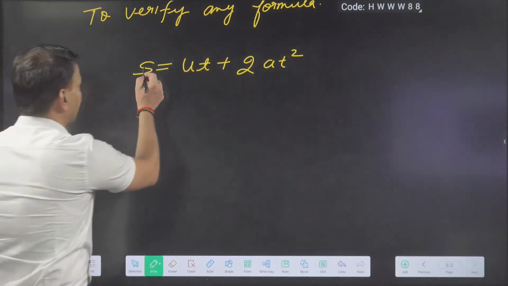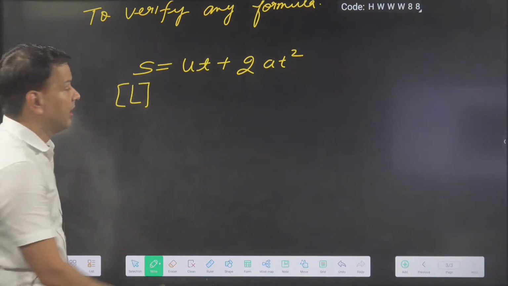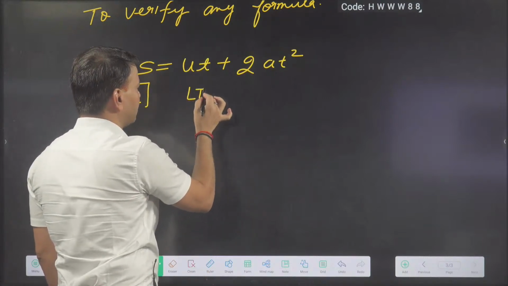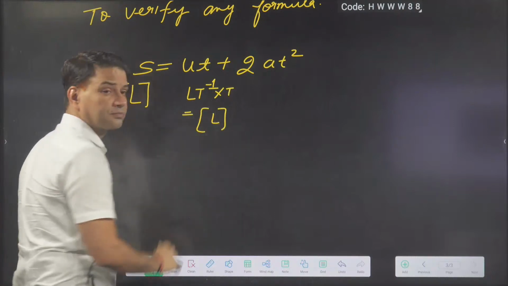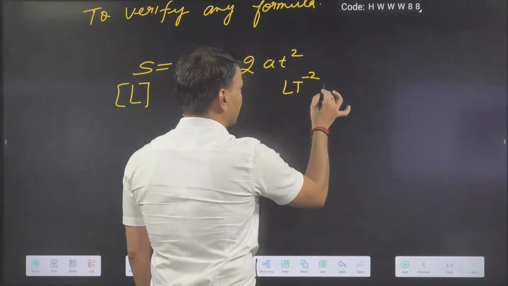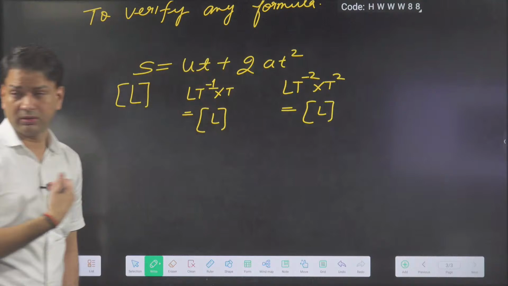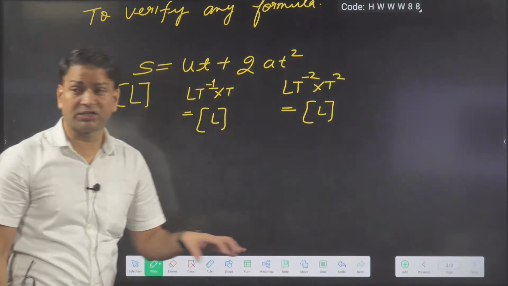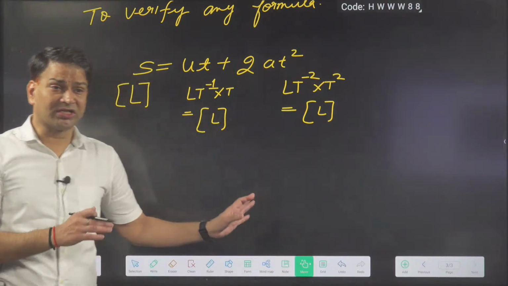Here, what is the dimension of s? L. Ut will have dimension: u is LT minus 1 into time, then you will get L. At square, what is the dimension? LT minus 2 into T square, then you will get L. Now left hand dimension is equal to right hand dimension, so this equation is dimensionally correct.